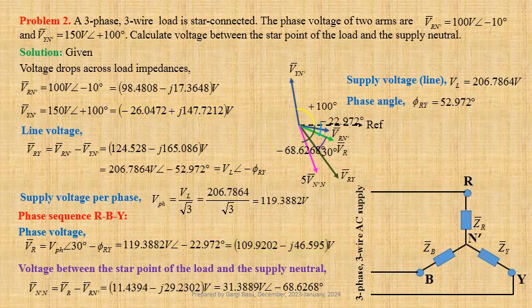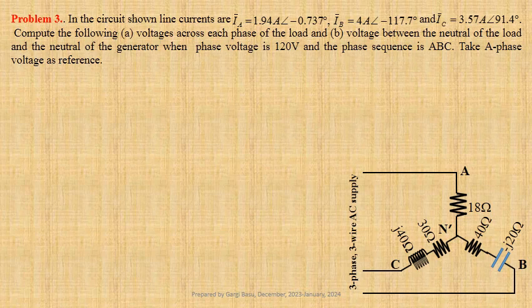In the circuit shown, line currents are IA equals 1.94 ampere at an angle minus 0.737 degree, IB equals 4 ampere at an angle minus 117.7 degree, and IC equals 3.57 ampere at an angle 91.4 degree.